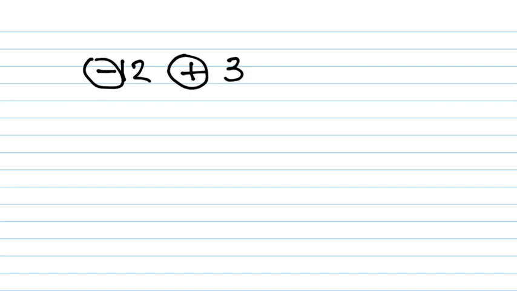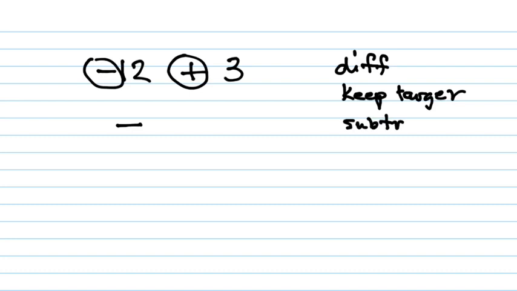Are the signs the same or different? Different. Which means I need to keep the sign of the larger. What's larger, 12 or 3? 12. So that means my answer is going to be what sign? Negative. And then all I need to do is go back to the numbers and what? Subtract. So what is 12 minus 3? 9. So my completed answer is negative 9.